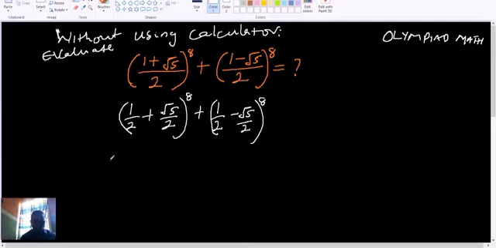Again, look at this. Assume that you have x plus y, all in brackets raised to power 8. If you have something like this, you can expand it. x will represent this, y will represent this. The same thing with this one, x will represent this and y will represent this.